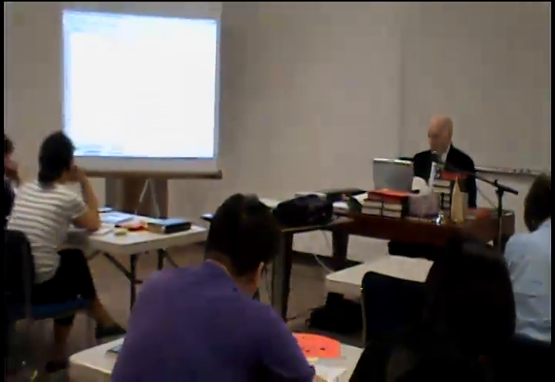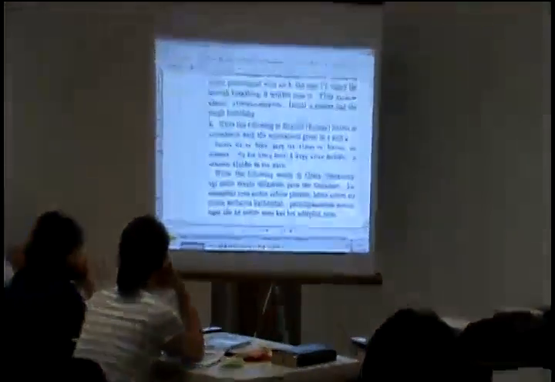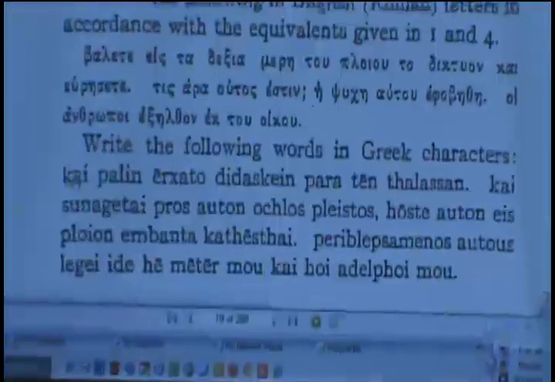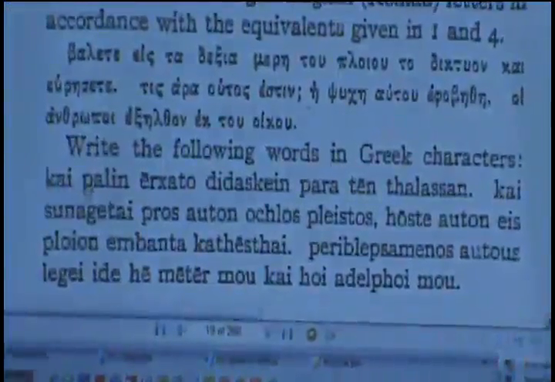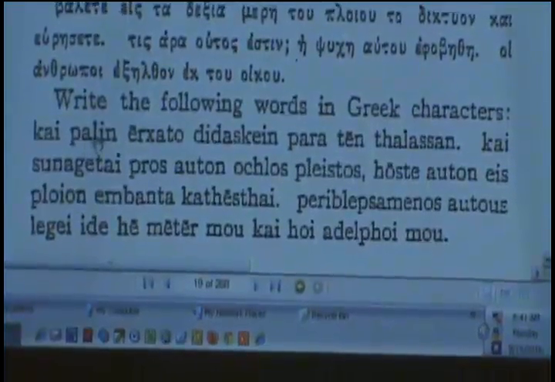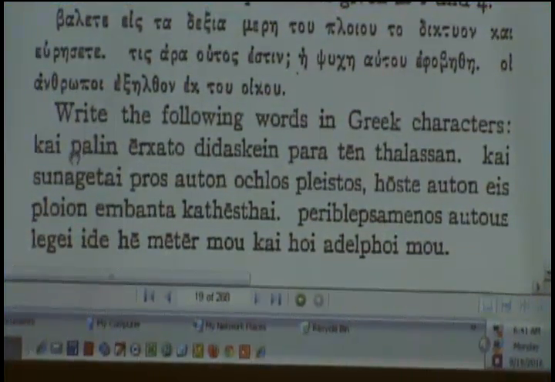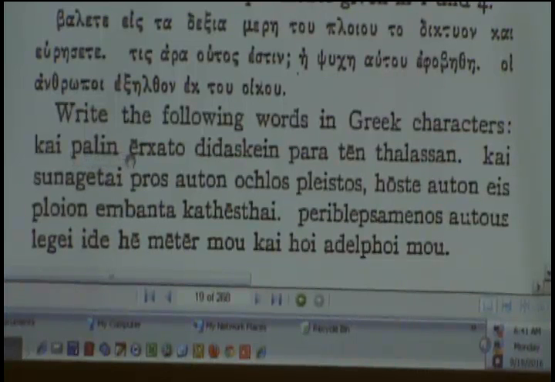All right. Now, write the following Greek characters. Write the kai with a kappa, alpha, iota. Right? Kappa, alpha, iota. This is palin, which is P, alpha, lambda, iota, nu. See that? You have to write those Greek letters. And erxato.